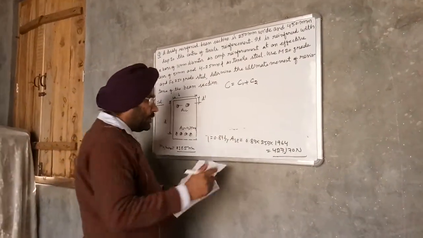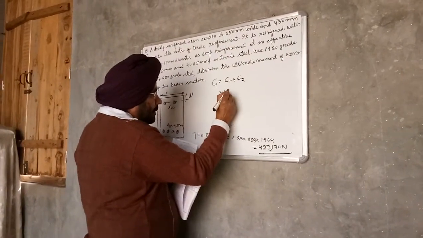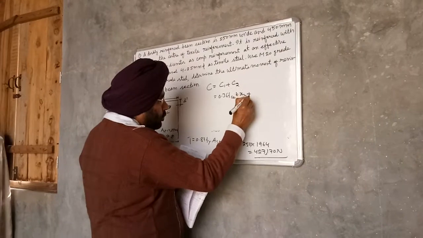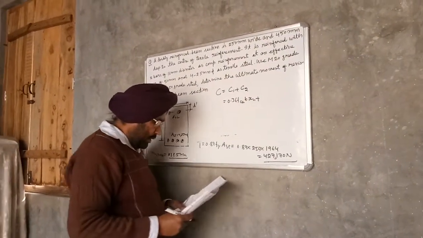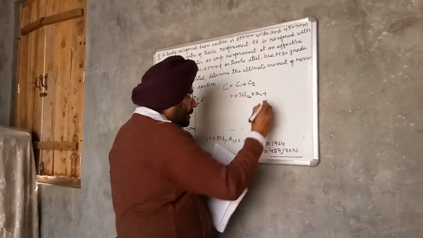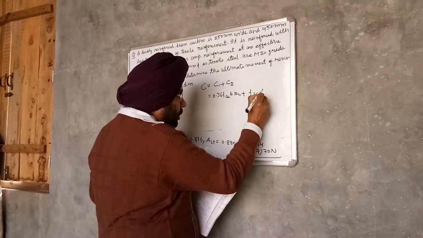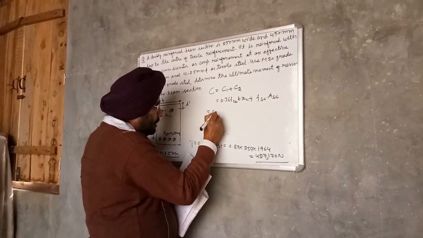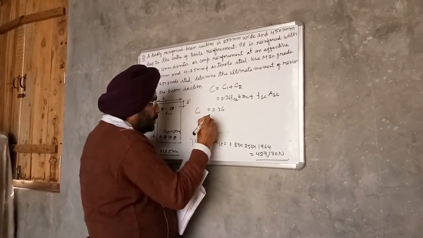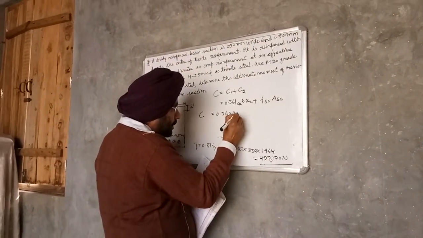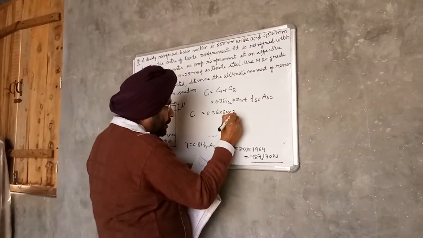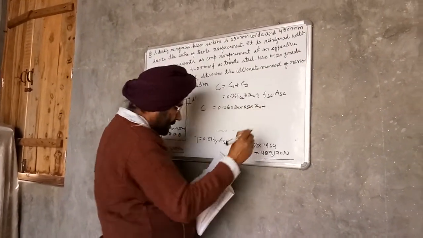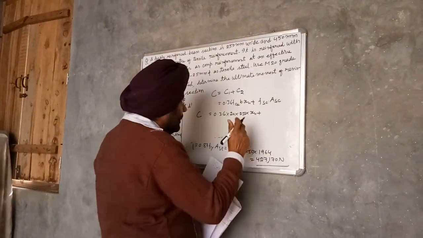So C1 is equal to 0.36 FCK B into XU, plus C2. C2 is FSC into ASC. So C is equal to 0.36 FCK 20, B 250 (width of the beam section) into XU, plus FSC.